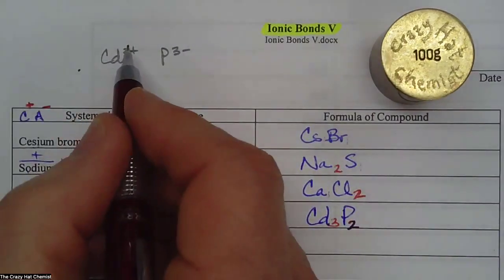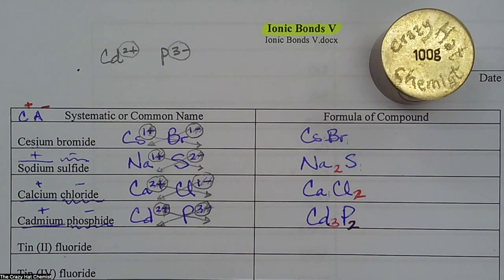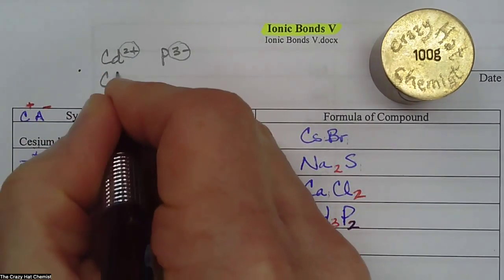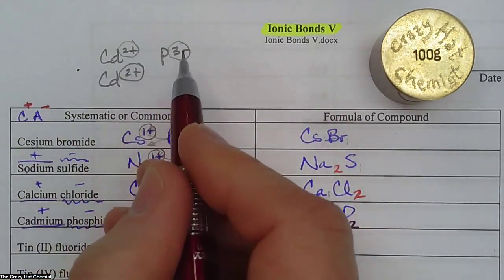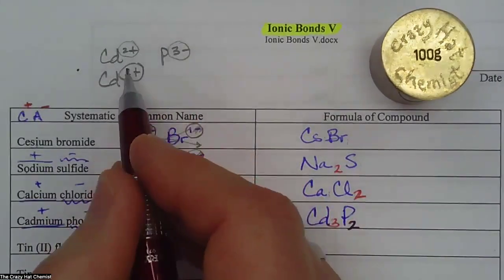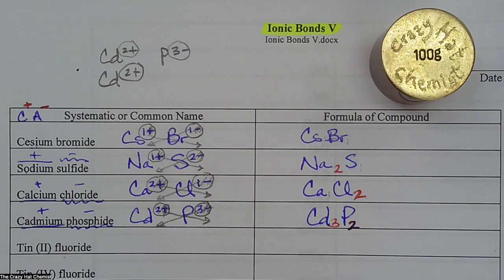I need to find a way to add up these two charges such that they equal 0. Right now, if I were to add up those two charges, that equals a -1. If I add another cadmium, so a total of 2 of them, I would have a 4+ charge and a 3- charge. And if I were to add up all these charges right here that are circled, I would have a 1+. That doesn't work for a net charge of 0 either.